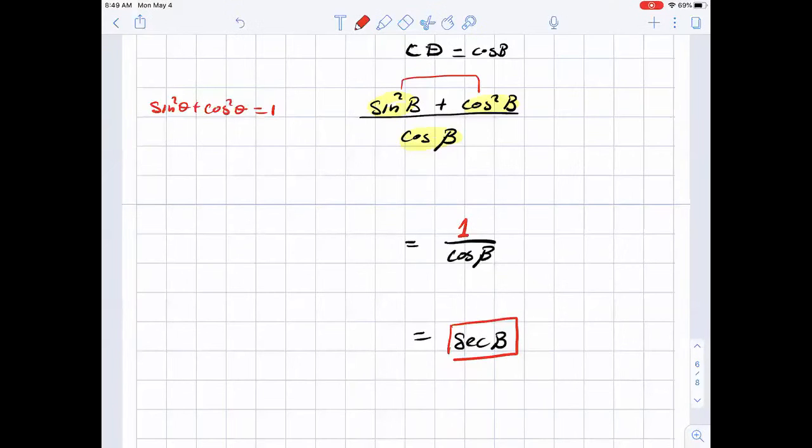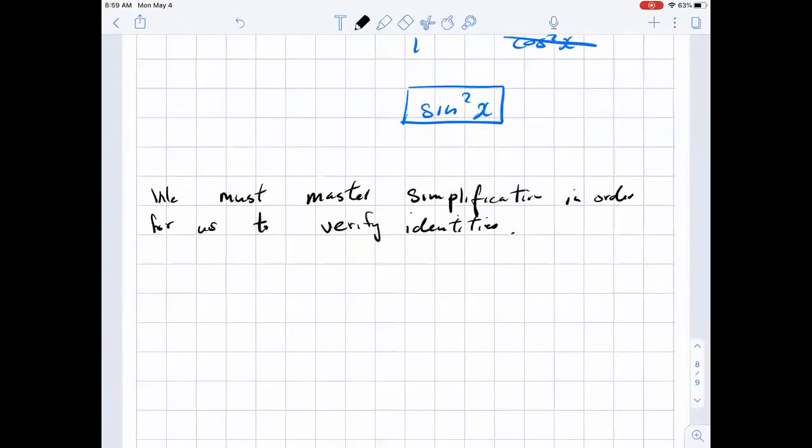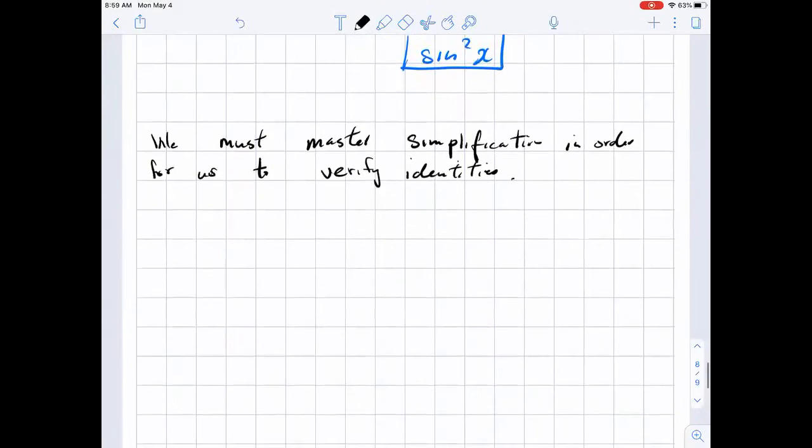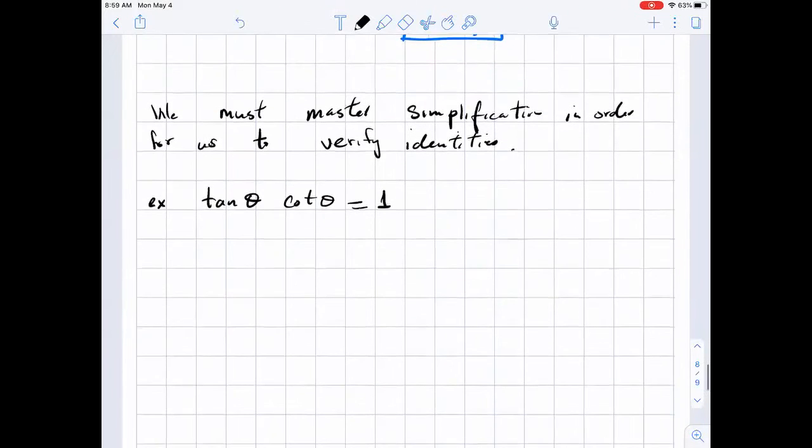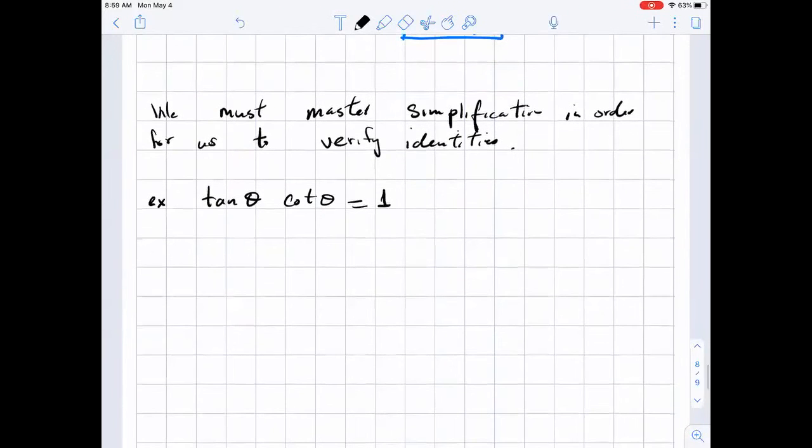Questions? No. We want to make sure we master simplifying before we can move on to verify. So what do we mean by verify? Example, if I tell you that tangent of theta times cotangent of theta is equal to 1. So your idea here is to take one side of this equation.